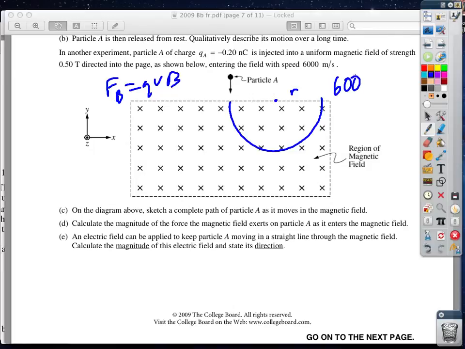Is that right? 600 newtons? Oh yeah, because 0.5 times 0.2 gives you 0.1, times that, it's going to give you 600, or negative 600. Then you have to put times 10 to the minus 6. And then we're good.